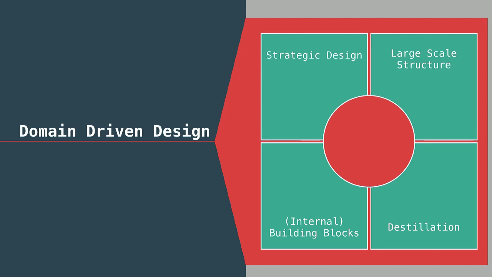And when we take a look, especially at the part of strategic design and the distillation part, we will see that a lot of these ideas that have been sketched out in the early 2000s now match very, very good on the idea surrounding cloud-native applications, 12-factor applications, and especially on the idea surrounding microservices and self-contained systems.